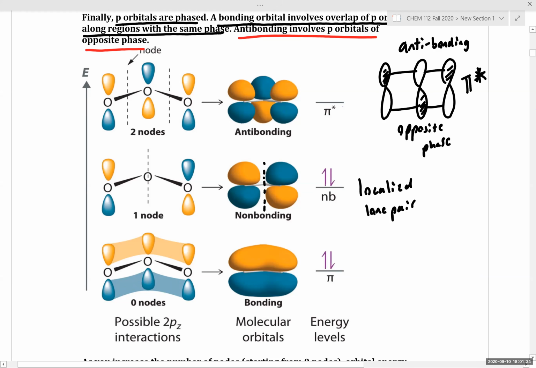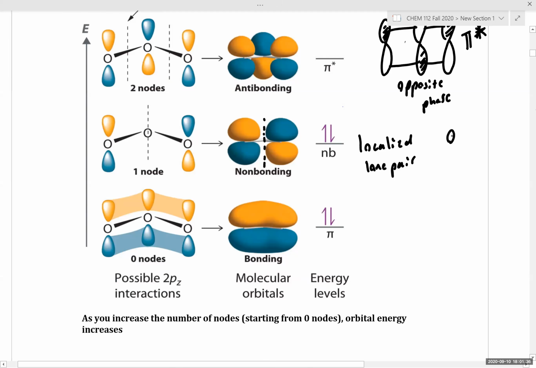So the best way I like to think of a non-bonding orbital is that rather than destructive interference, we don't have a significant amount of orbital overlap between our adjacent pi systems.